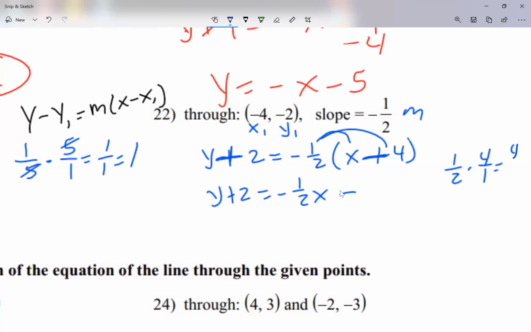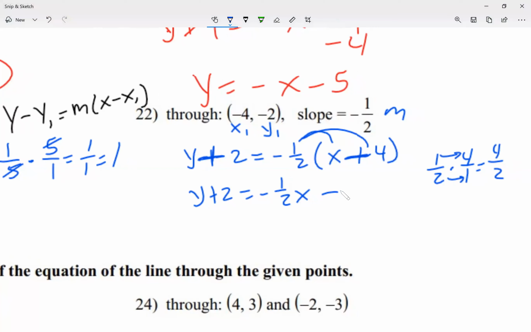That gives me 4/2, right? Because I just multiply straight. 1 times 4, 2 times 1. So 4/2, but 4/2, that's basically 2, right? 4 divided by 2 is 2. So there. So I have y plus 2 is equal to -1/2 x minus 2.